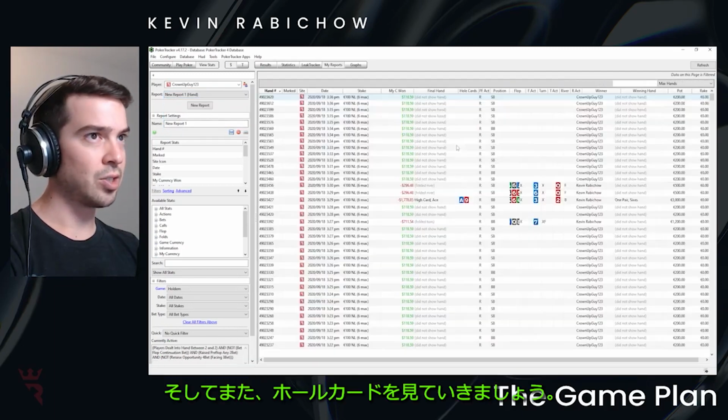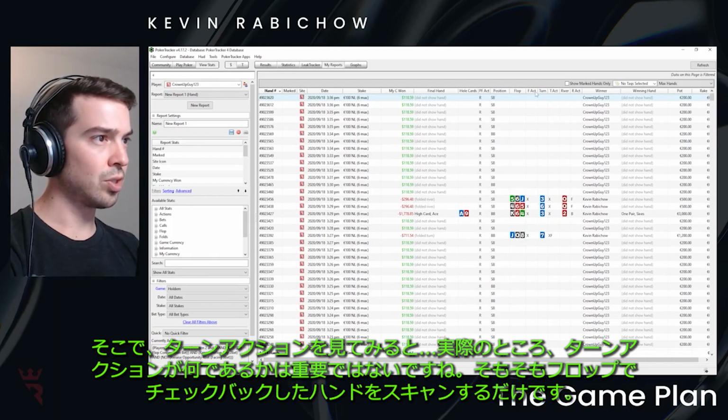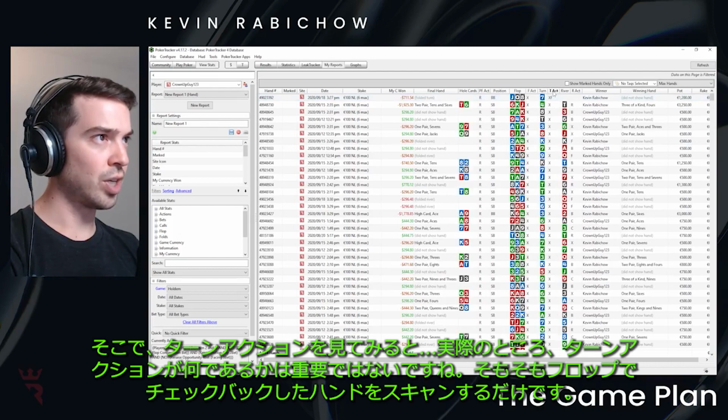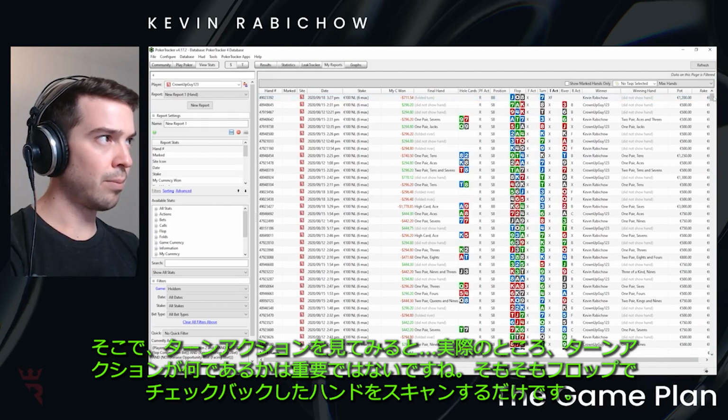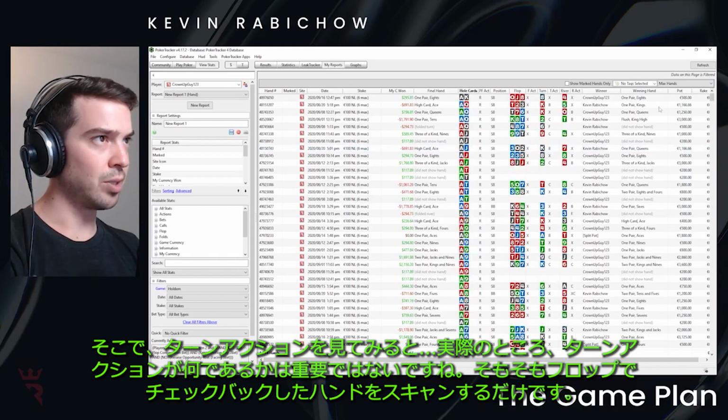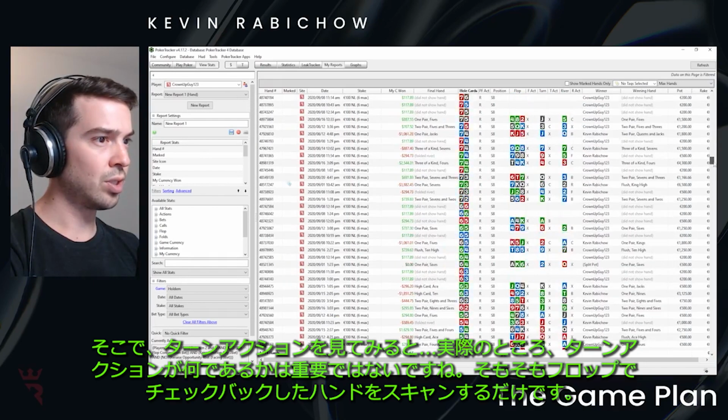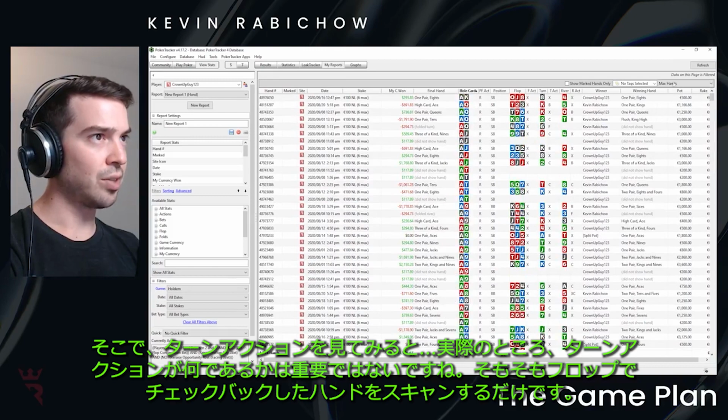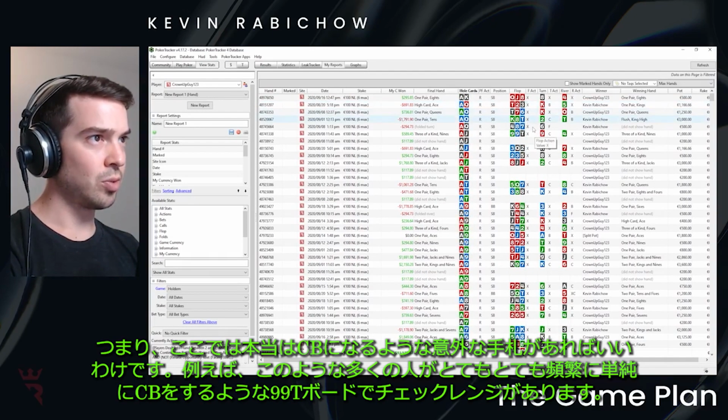And what we can do again is look for hole cards. Looking at turn action, it really doesn't matter what the turn action is, actually. I'm just going to scan through hands that checked back the flop in the first place, looking for any surprising hands that show up in here that could have c-bet.